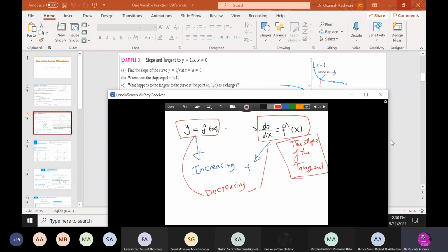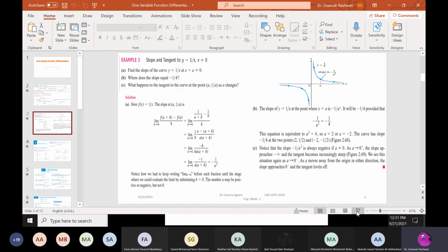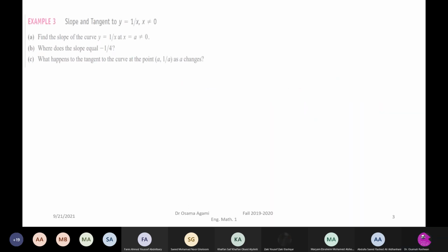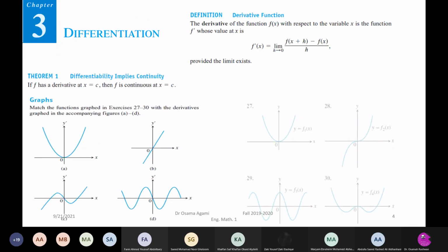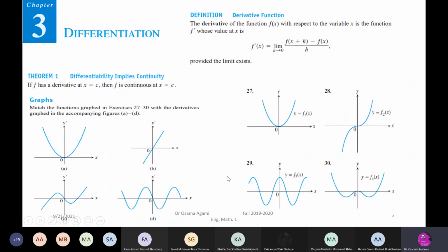Now, if you understand what I'm saying here, you can answer this question. Here you have graphs, and here you have the functions. Which function has the graph of its derivative on the left-hand side? First of all, this is a line, right?